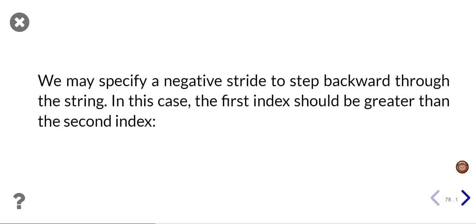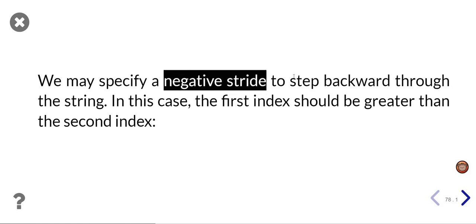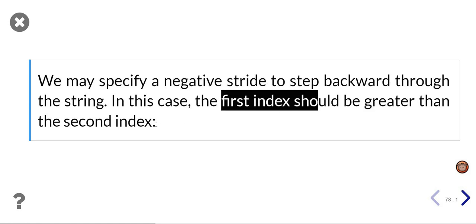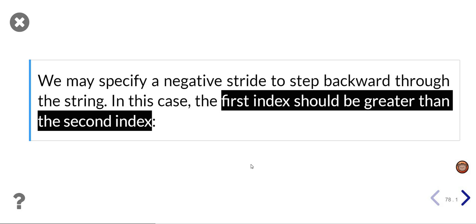Now we can also specify a negative stride. Now this is where it is not the same as how we did earlier for string slicing. If you are going to use a negative stride to step backwards through the string, the first index should always be greater than the second index.